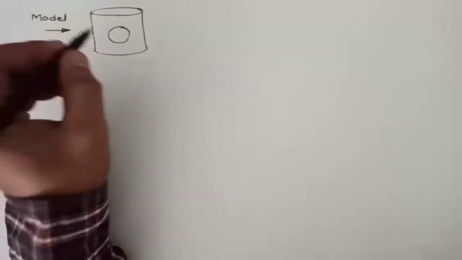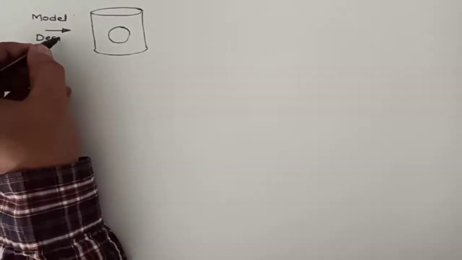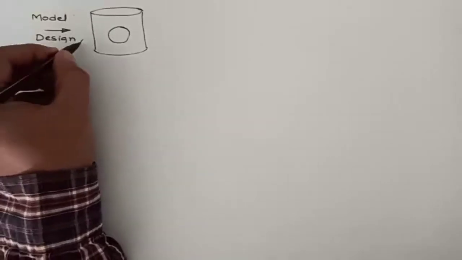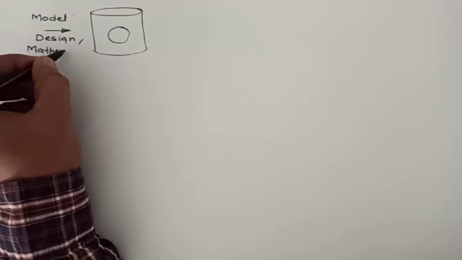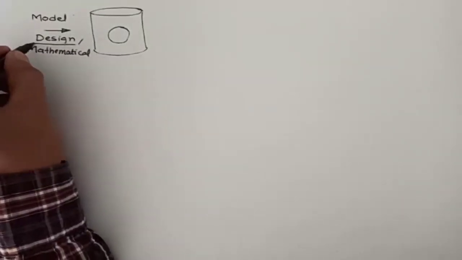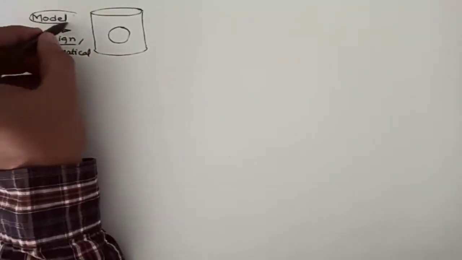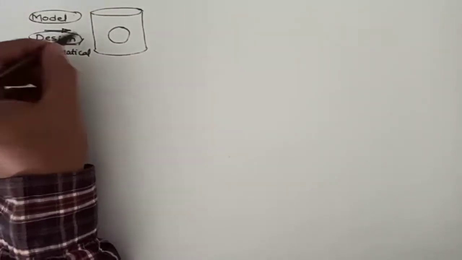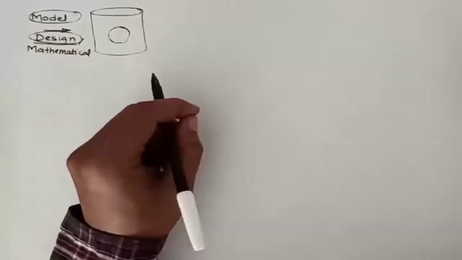The model may be in the form of a design model or a mathematical model. What do you mean by a design model? There is a lot of difference between a model and a design. A model is nothing but, whatever I have drawn here, this may be your model.